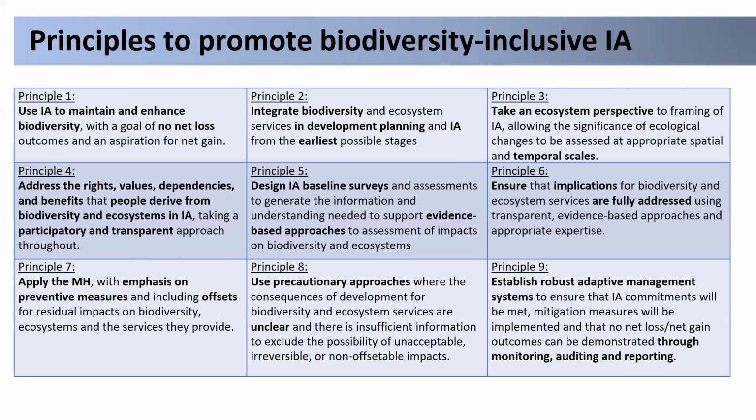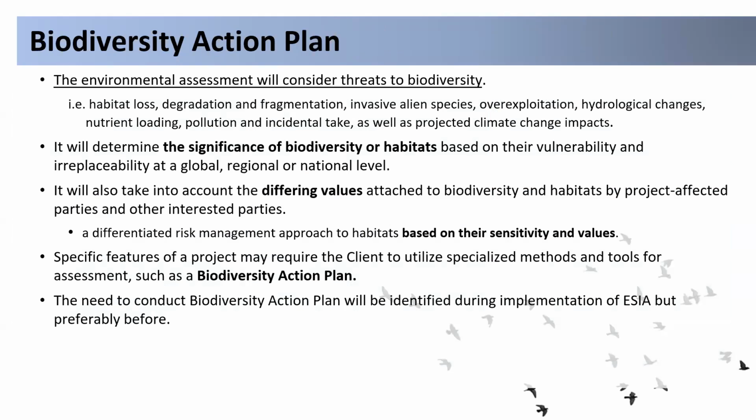And of course, one very important thing so you can do the adaptive management is to establish a robust adaptive management system. That means monitoring throughout the project implementation, not only for preparation, but implementation. So for a biodiversity management plan to be successful, it needs to be implemented. And for that, you need to have an institutional setup and people who will be in charge of this.